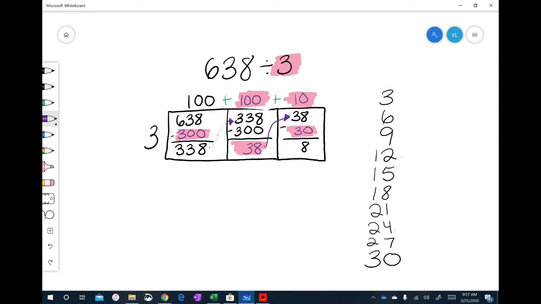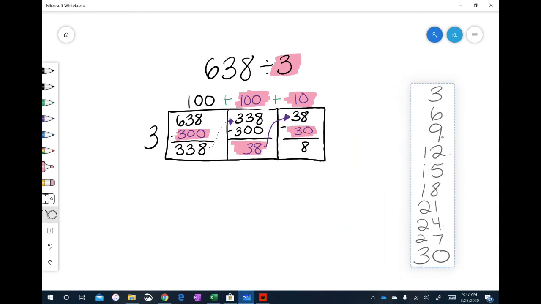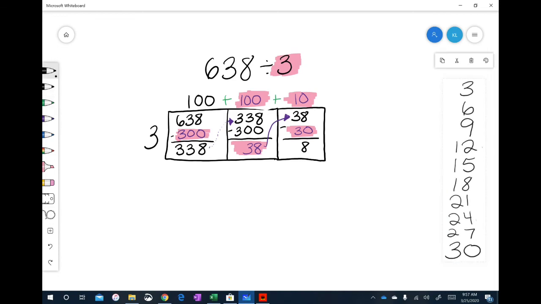So it looks like the problem should be done, but you know how they're always trying to be tricky and trick us. So I'm just going to go ahead and I'm going to move this over for a second, and I'm going to draw another box because this here is bigger than my divisor. So remember, my 3 should never be bigger than my leftover number. So since 8 is bigger than my 3, I have to draw another box and write my 8.